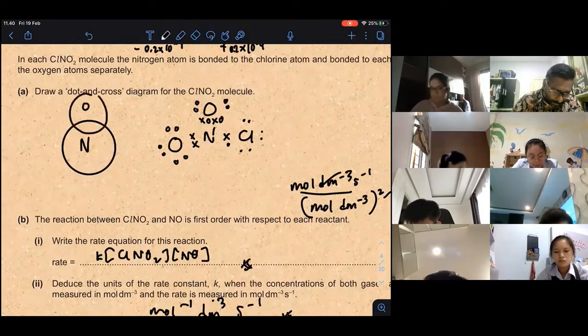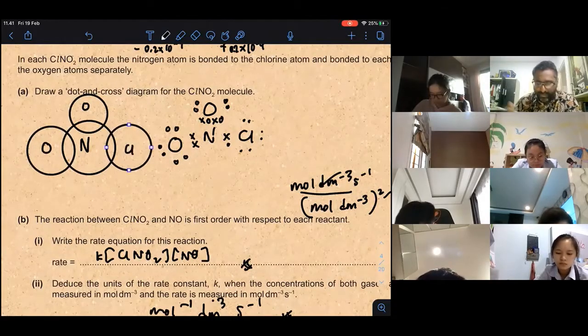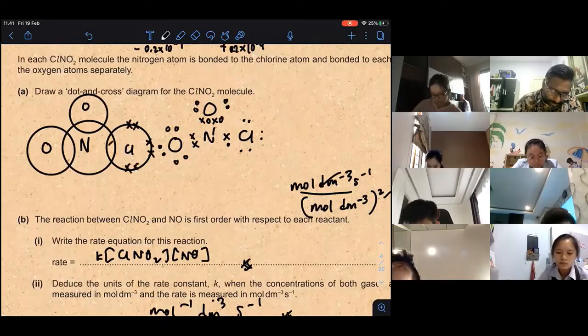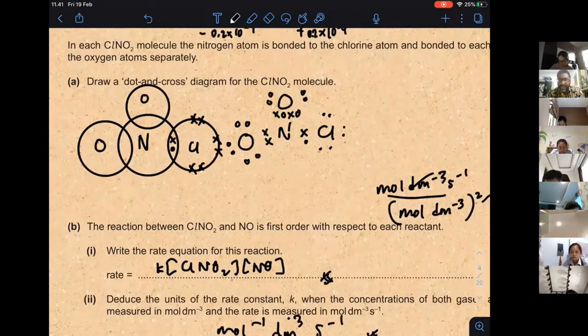So I draw oxygen, and another oxygen, and then the Cl is from group 17, 7 valence electrons. The first thing I can draw is for Cl, 7 valence electrons, so you need to have 1 electron shared automatically there. Now, out of 5 valence electrons, you give 1 electron, so you have only 4 electrons now.